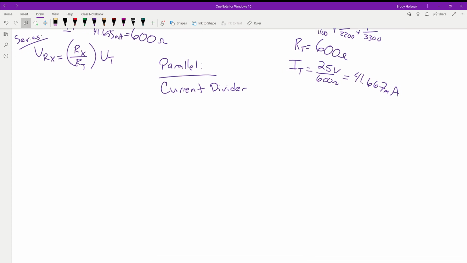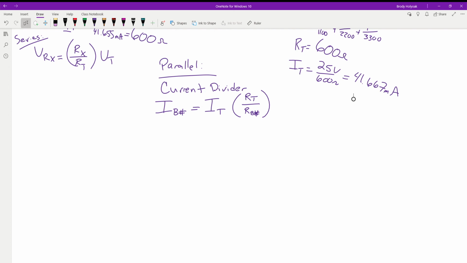So we have current divider. If we want to find the current through branch whatever, it's equal to the current total times the resistance total over the resistance of branch whatever. So we flip the ratio when we're solving for current divider. So this way, we could have come in and said we have a total of 41.667 milliamps.